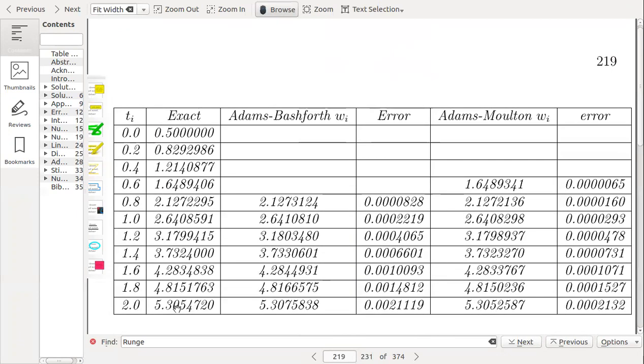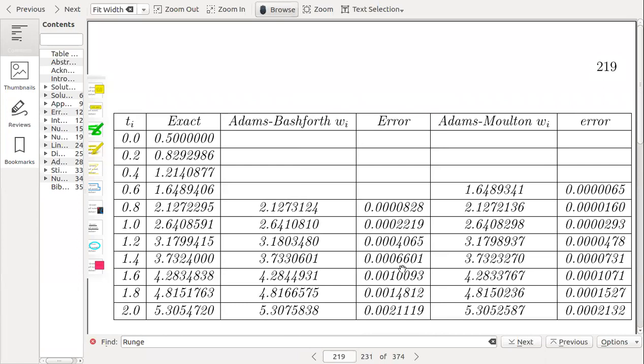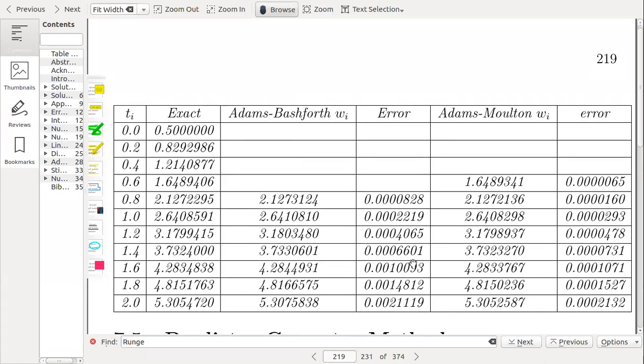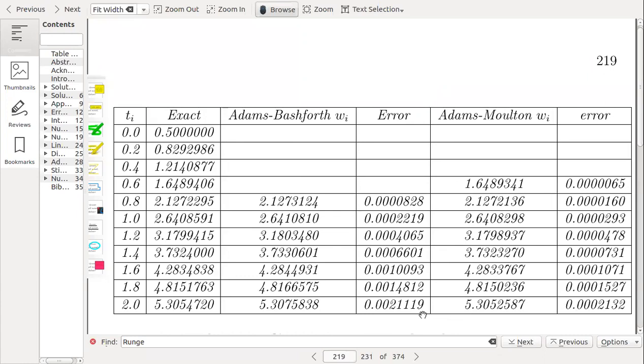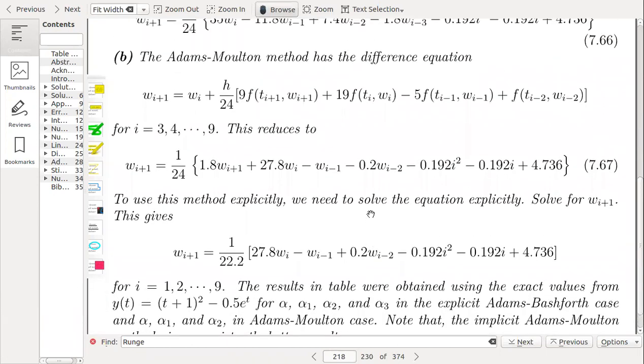So you see that the exact value is 5.30, and this Adams-Bashforth value is 5.30, and this is a good value, or approximately there is no very big error, but still we can say that there is some error. So these are the methods which we can say are multi-step methods.